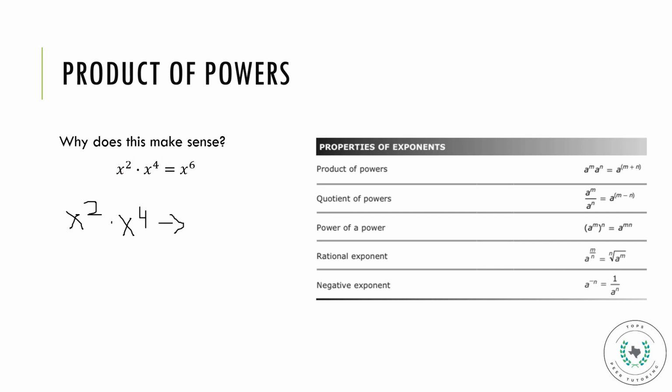So this is actually going to turn into x to the power of 2 plus 4, which is going to give you x to the power of 6. And that's why that makes sense.